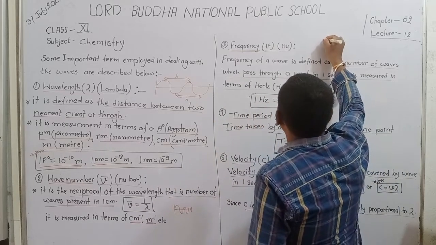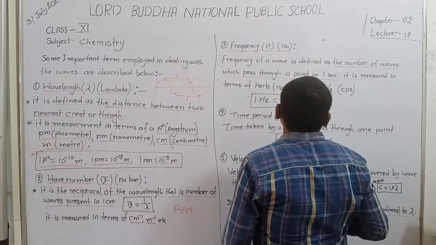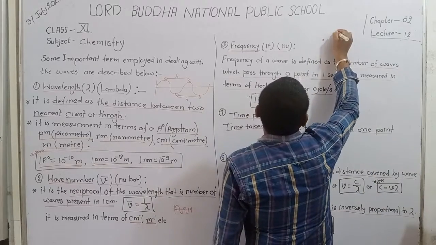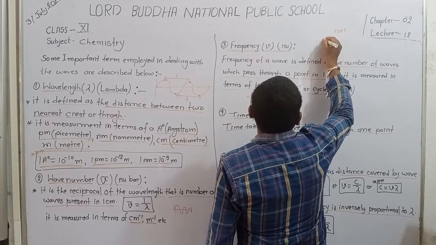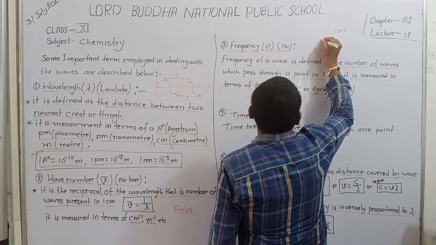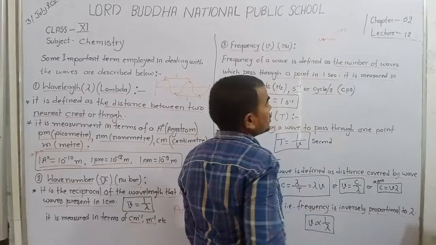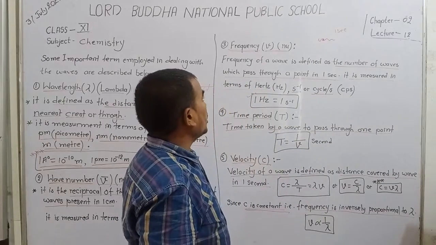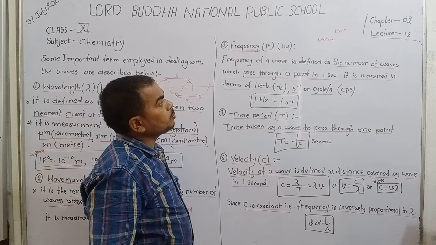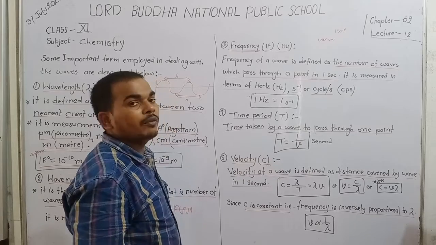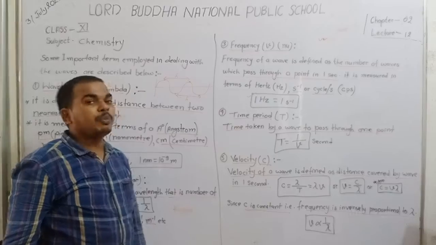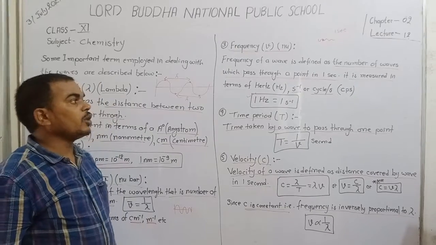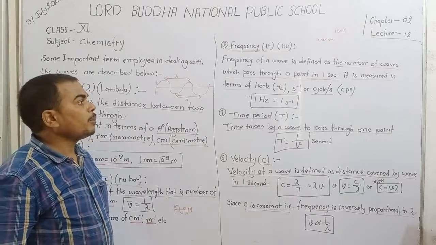Suppose this is a point, and now start counting 1 second and observe how many waves pass through this point. The number of waves which pass through a point in 1 second is known as frequency.